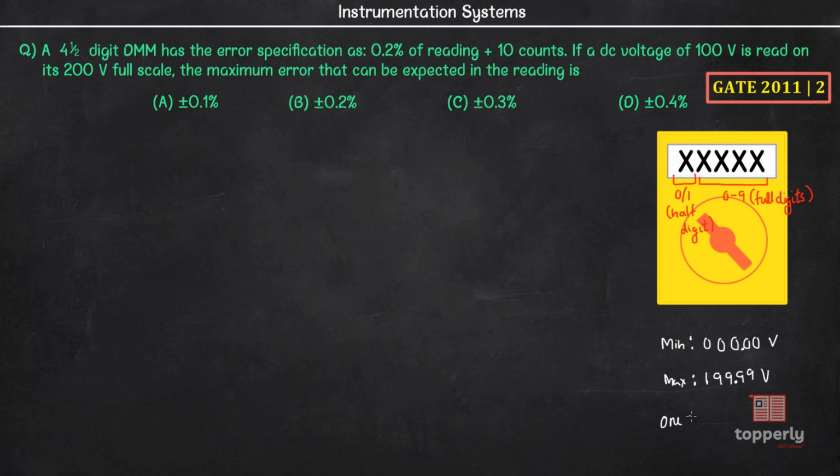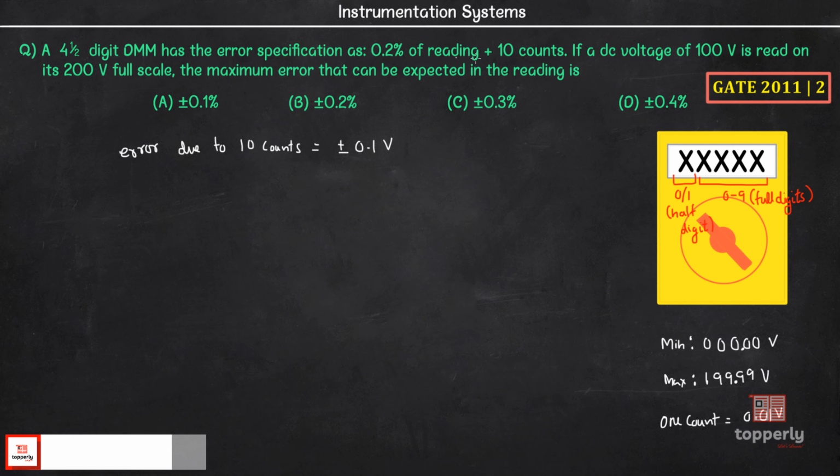So 1 count of the meter corresponds to 0.01 volt. Therefore, the error due to 10 counts is plus or minus 0.1 volt. Now the error specification is 0.2% of reading plus 10 counts.